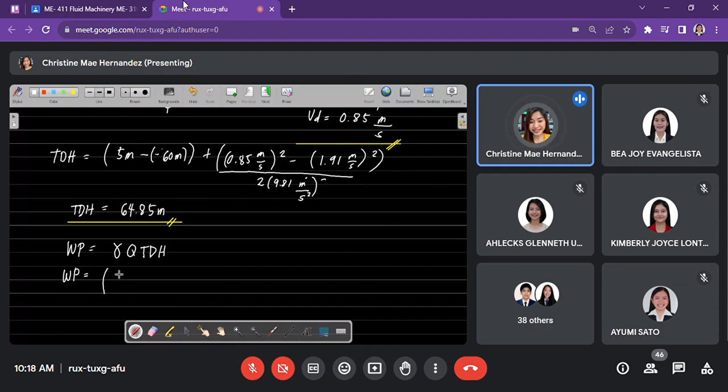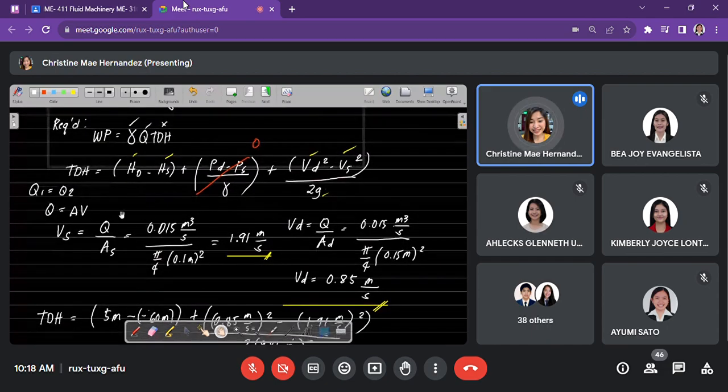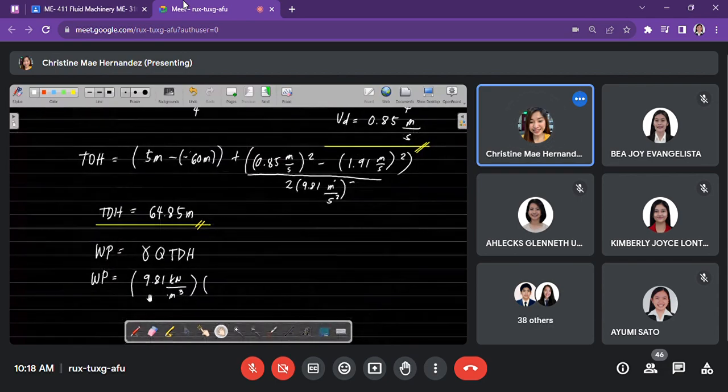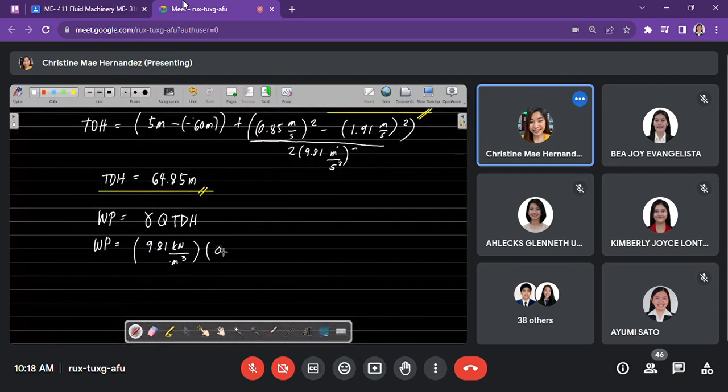So we have the specific weight of water, 9.81 kilonewton per cubic meter, times yung ating volumetric flow rate, which is 0.15 cubic meter per second, times yung ating computed na 64.85 na total dynamic head.